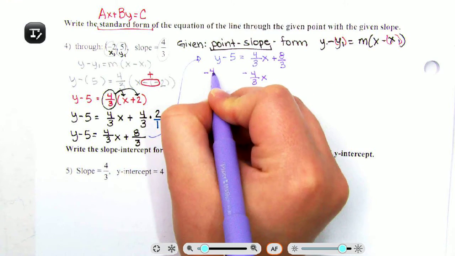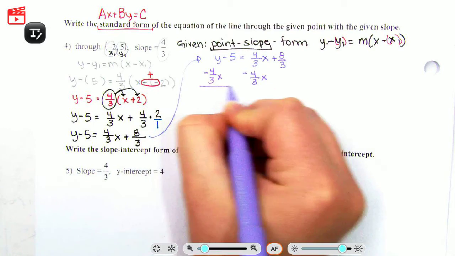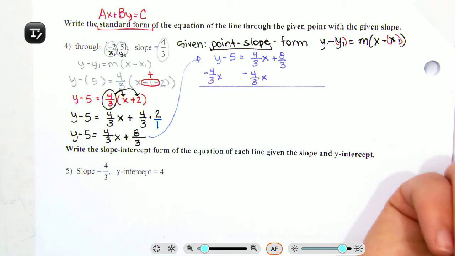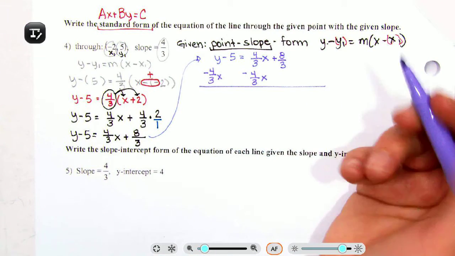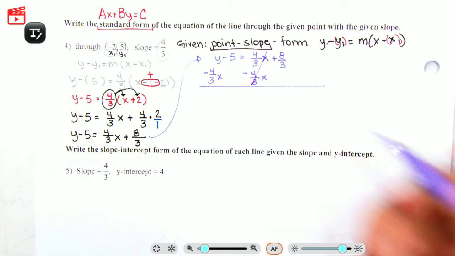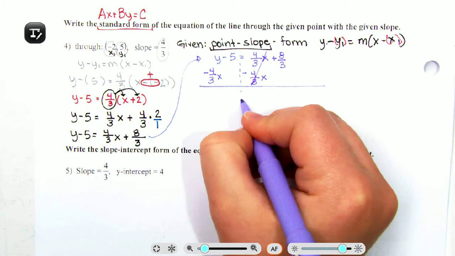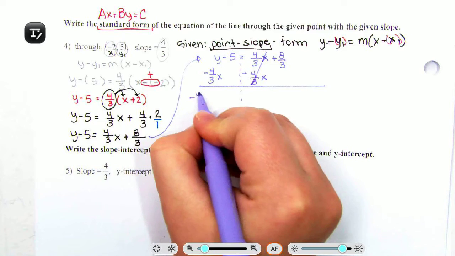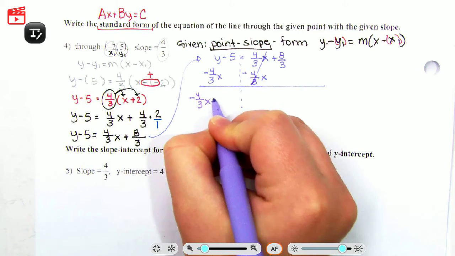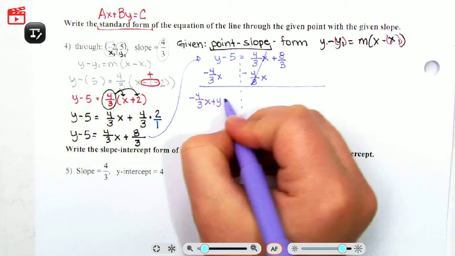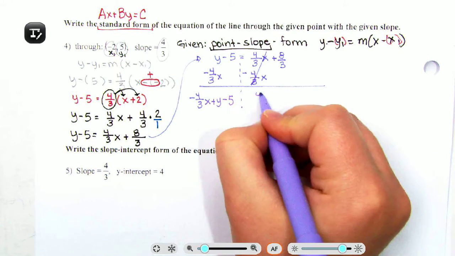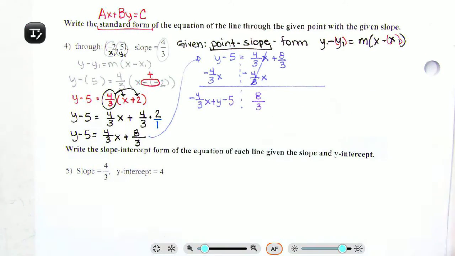Now, this could have been not your first step, and that's okay. I'm going to cross those out. Those cancel out. Okay, so now I have negative 4/3 x plus y minus 5 is equal to 8/3.